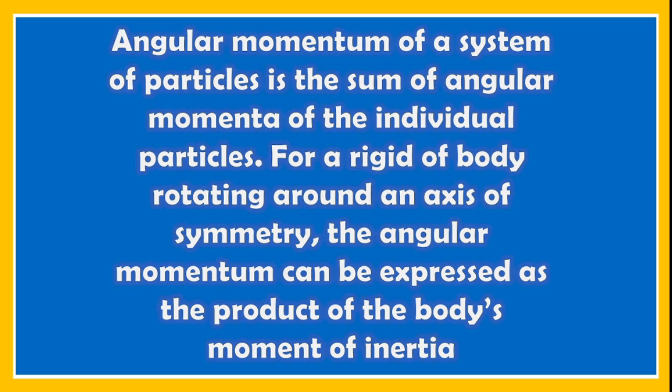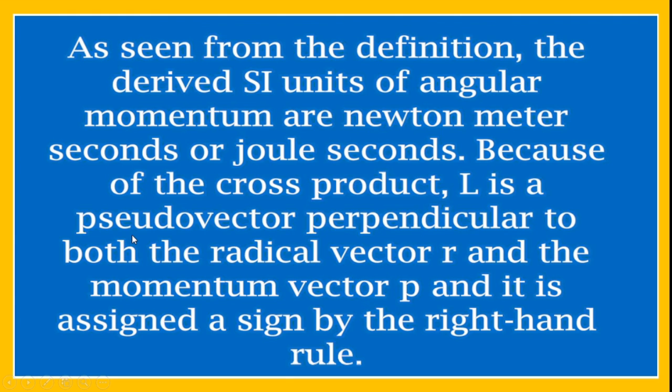So, for a rigid body rotating around an axis of symmetry, the angular momentum can be expressed as the product of the body's moment of inertia and angular velocity, as seen from the definition. The derived SI units of angular momentum are Newton meter seconds, or Newton meter is also called joule, so joule seconds.